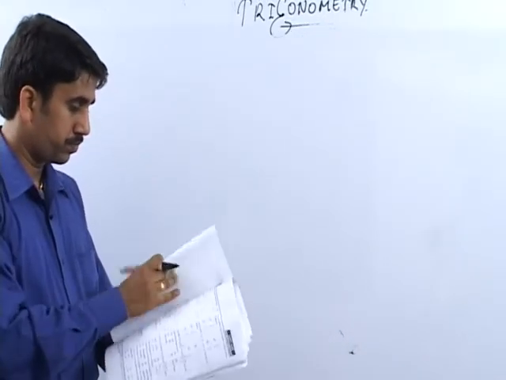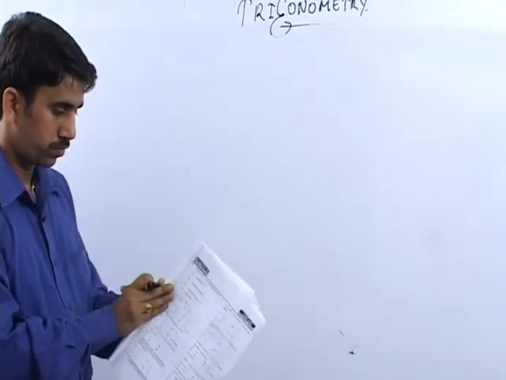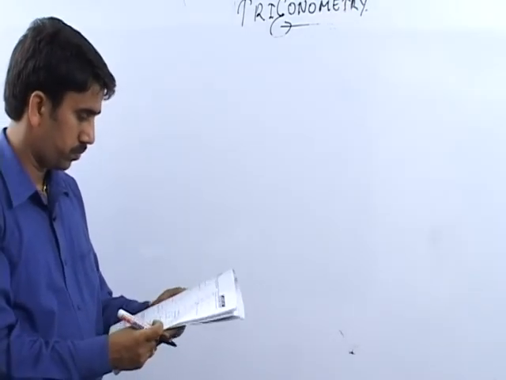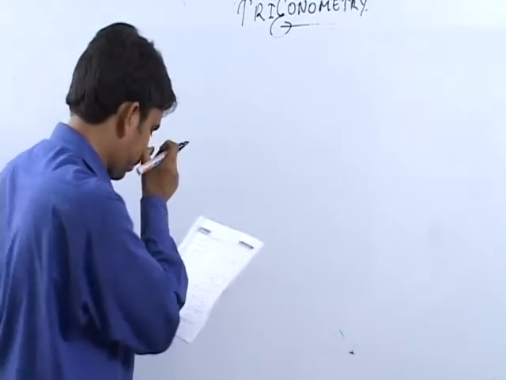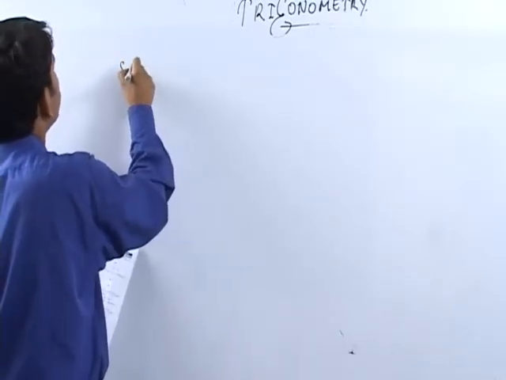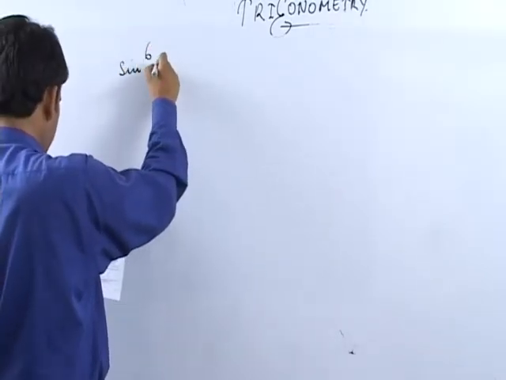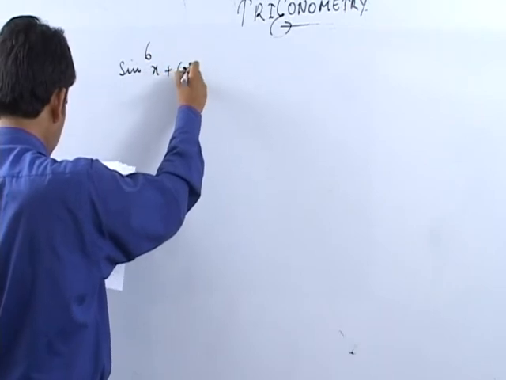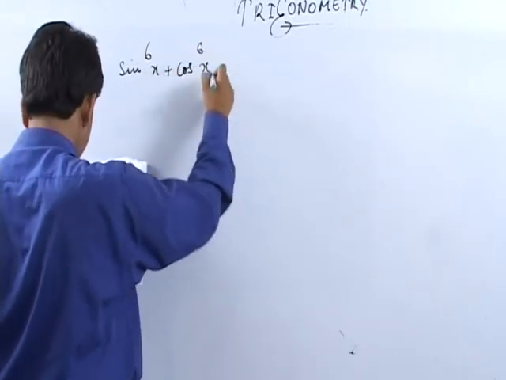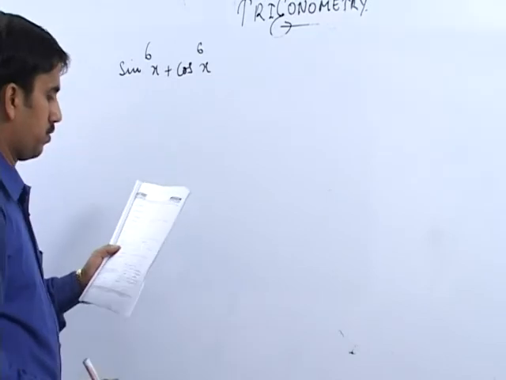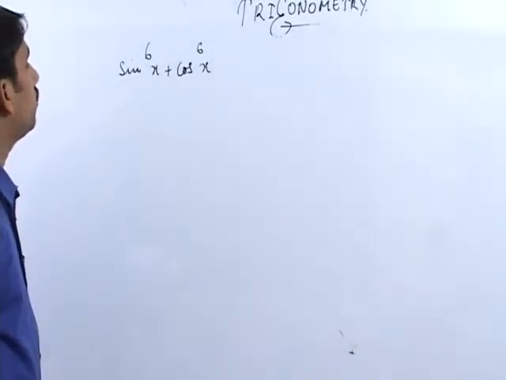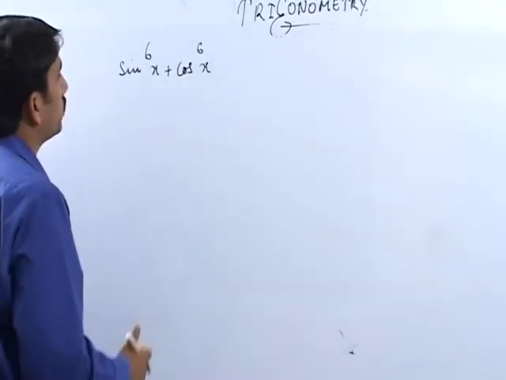Now, the minimum value for sin 6x plus cos 6x, you have to find out the minimum value for sin 6x plus cos 6x.